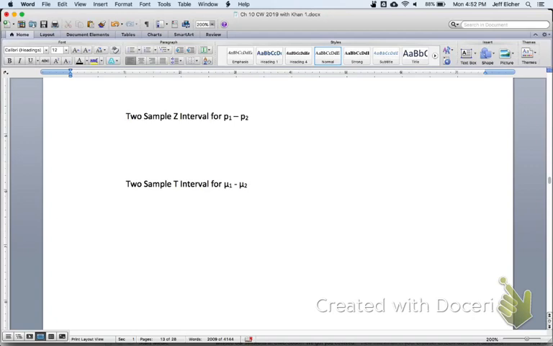So let's check out the next formula, the 2-sample Z interval for the difference in proportions. We'd like to estimate this difference in population proportions. So our point estimate would be P hat 1 minus P hat 2. That's our statistic. It's a difference of 2 statistics. I usually put these in parentheses just to set it apart from the rest. Plus or minus, since it's a proportion, we use a Z star.